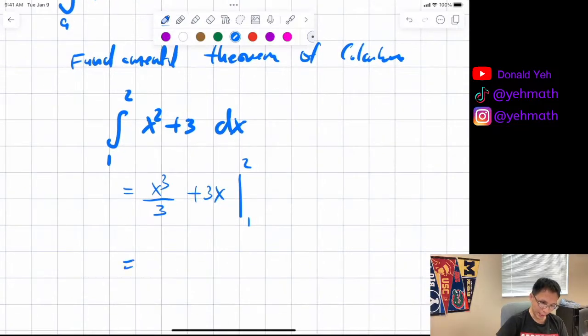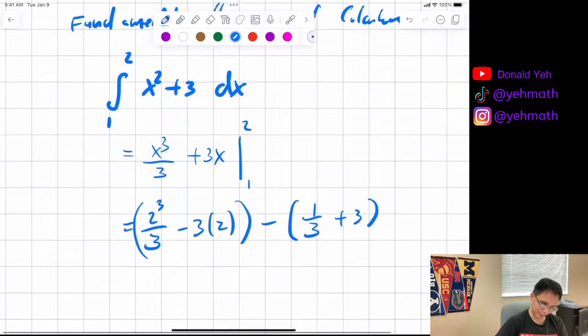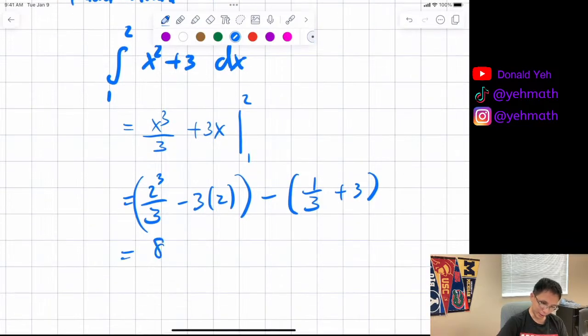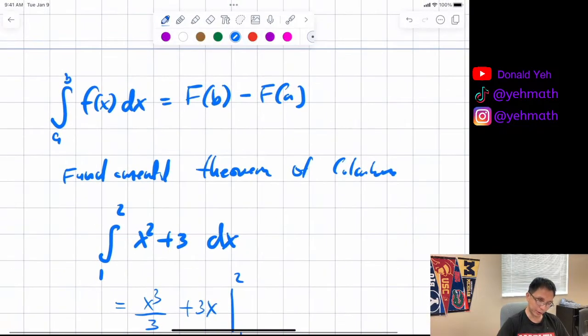So you have 2 cubed over 3 plus 3 times 2, minus 1 cubed over 3 plus 3. That's equal to 8 over 3 plus 6 minus 10 over 3. There's a minus because you're subtracting, F of b minus F of a. Yeah, this is the fundamental theorem of calculus.